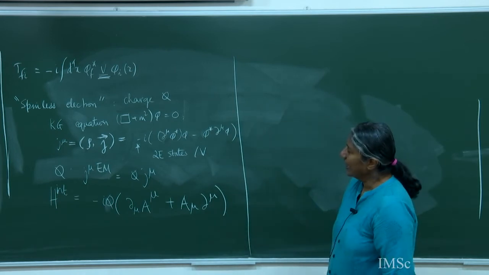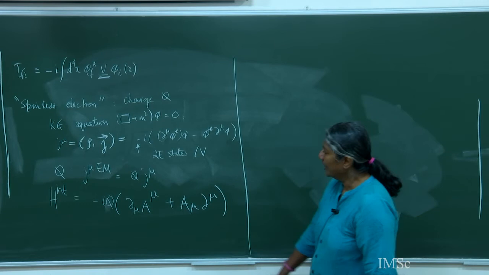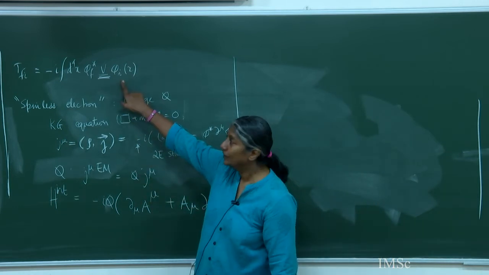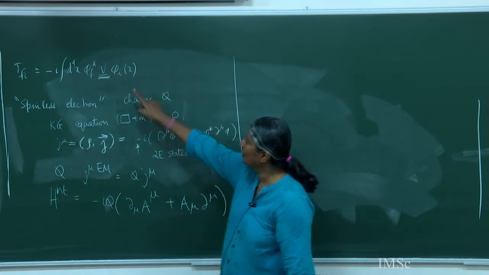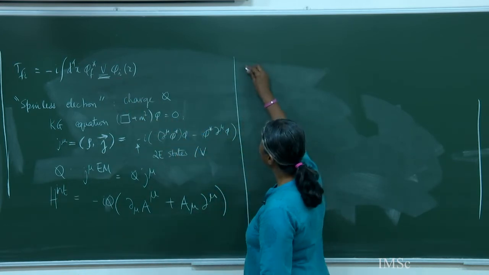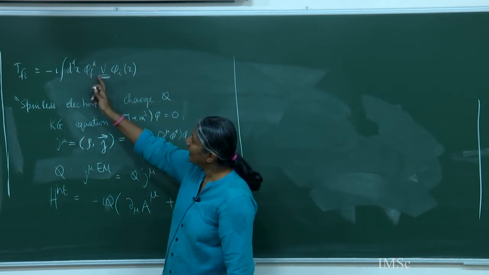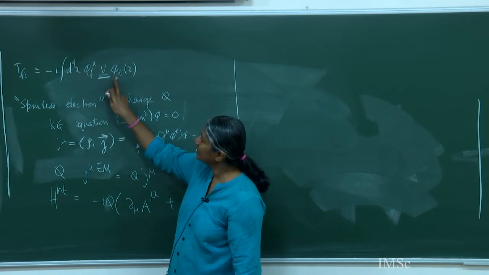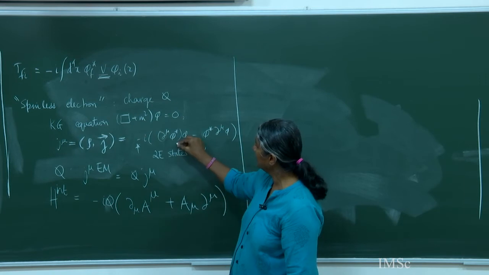Okay, and we got an expression for TFI. So what did we do? The first term, d mu acts on both A mu and phi I. So we did an integration by parts, and here the d mu acts only on phi I. So we got two terms where we had d mu acting on phi star because we did an integration by parts, and the other which had d mu acting on phi, and that gave you a negative sign with respect to the two terms.